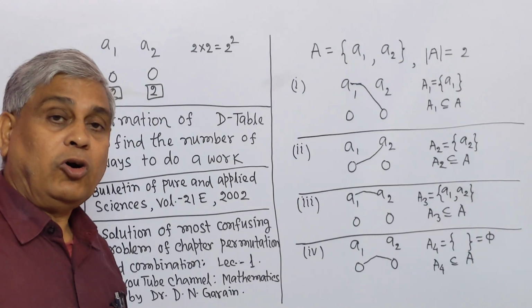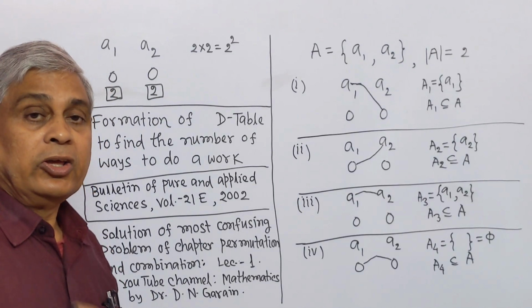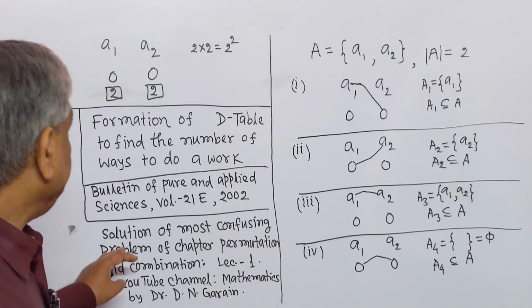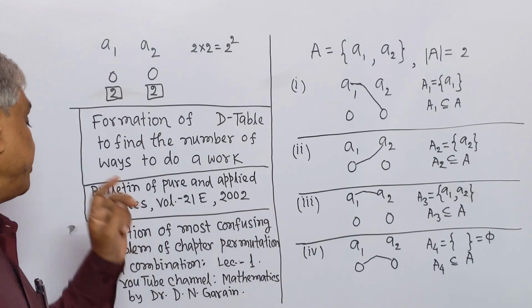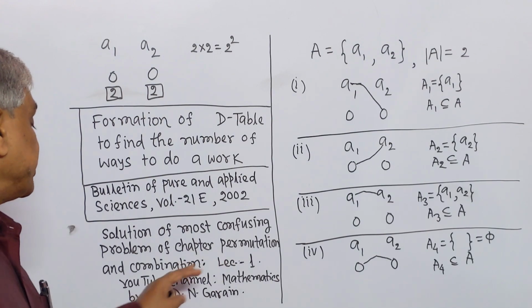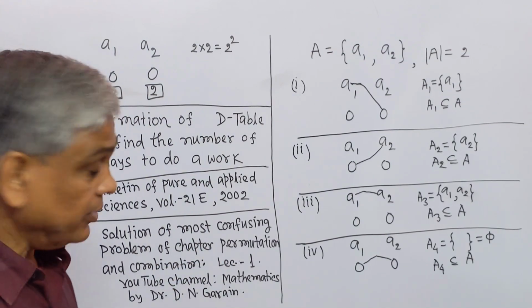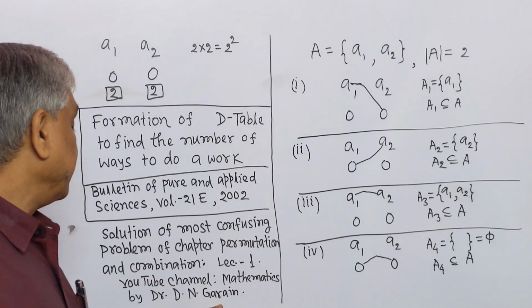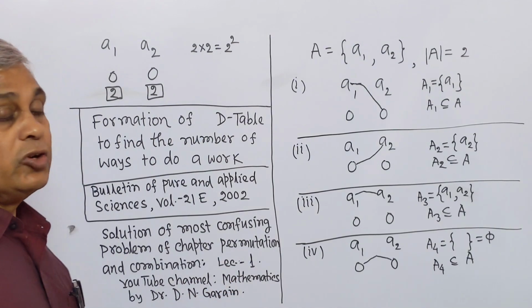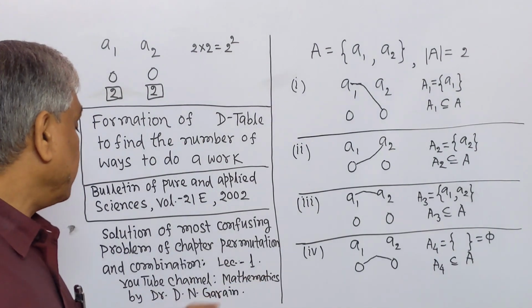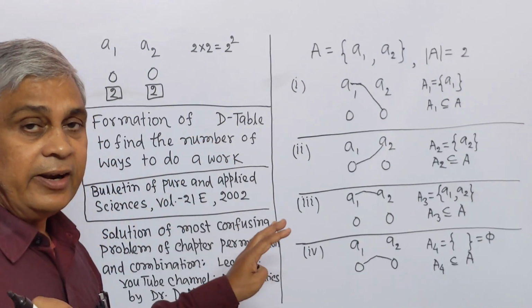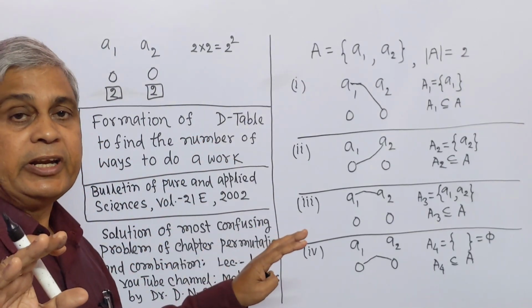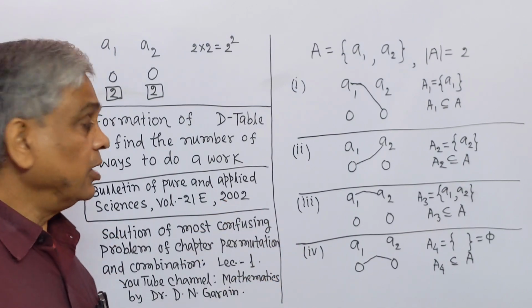I have also delivered a YouTube lecture. The name of the lecture is Solution of Most Confusing Problem of Chapter Permutation and Combination, Lecture 1. You will get this lecture on the YouTube channel Mathematics by Dr.D.N.Garain, and you will understand the concept of D table very easily.